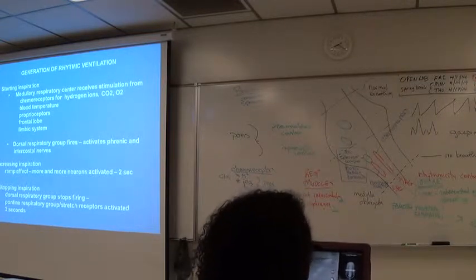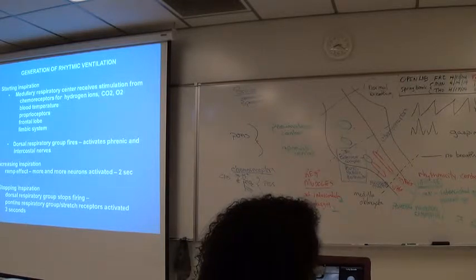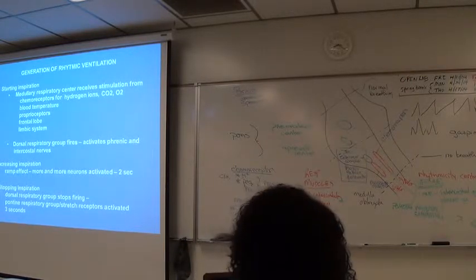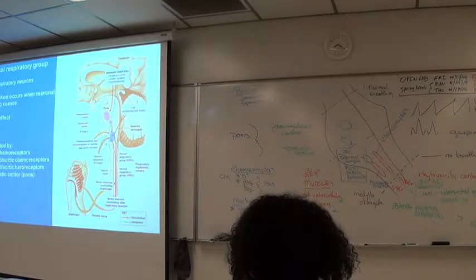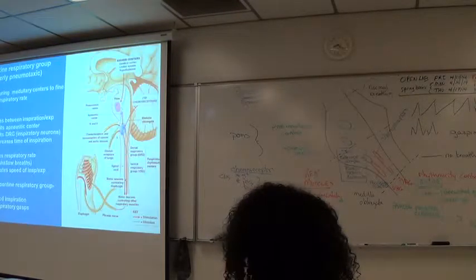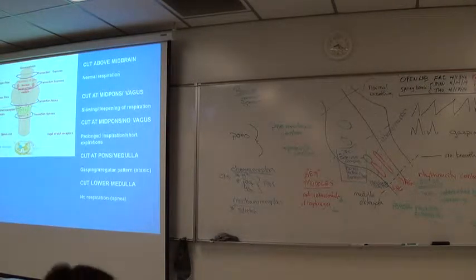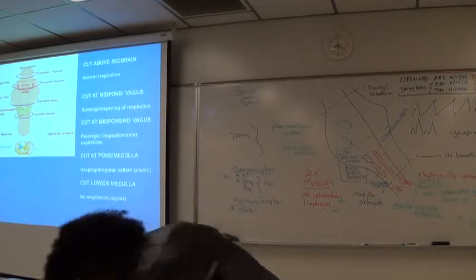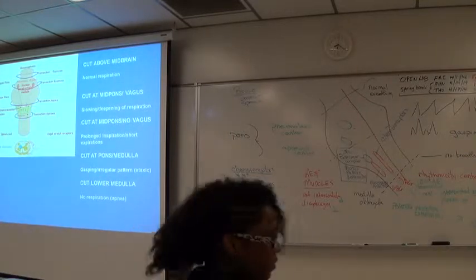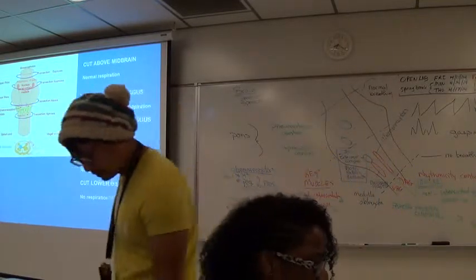All right, so the generation of our rhythm, what the dorsal respiratory groups and the ventral respiratory groups do. This is just more detailed information on those groups. And then this diagram here that I just left on the board reinforces what they do by the changes that occur with the cutting.